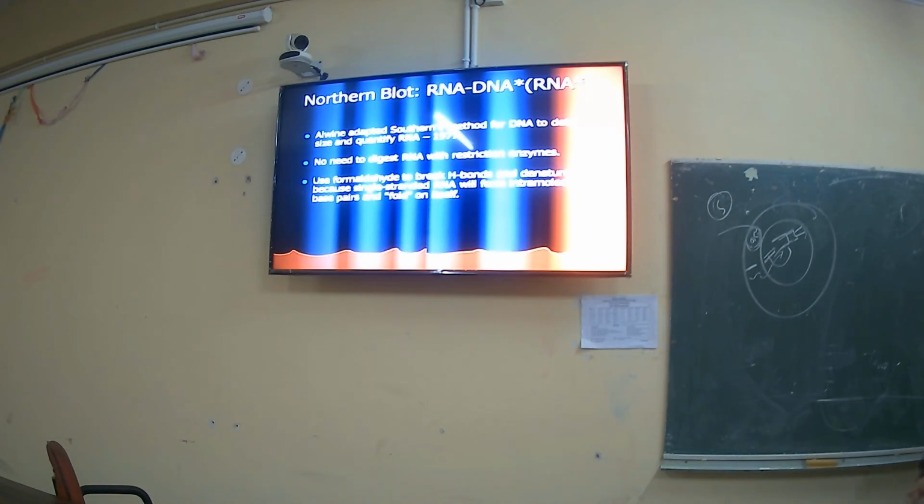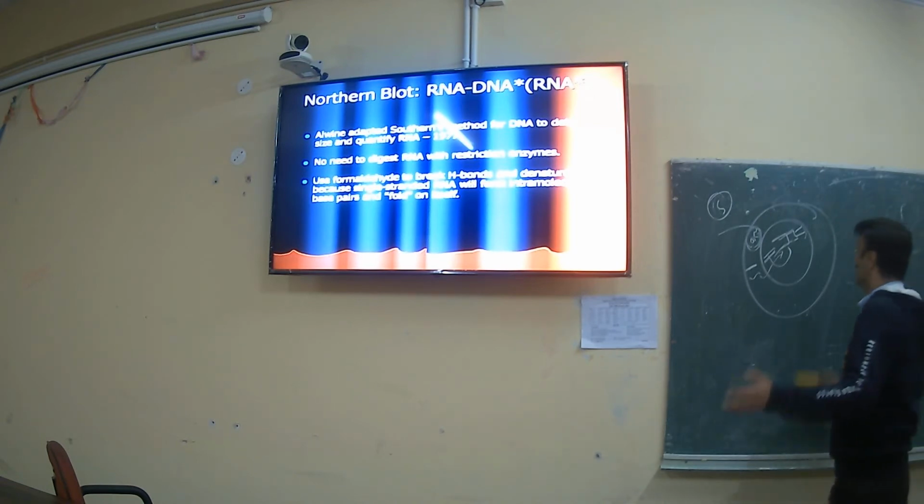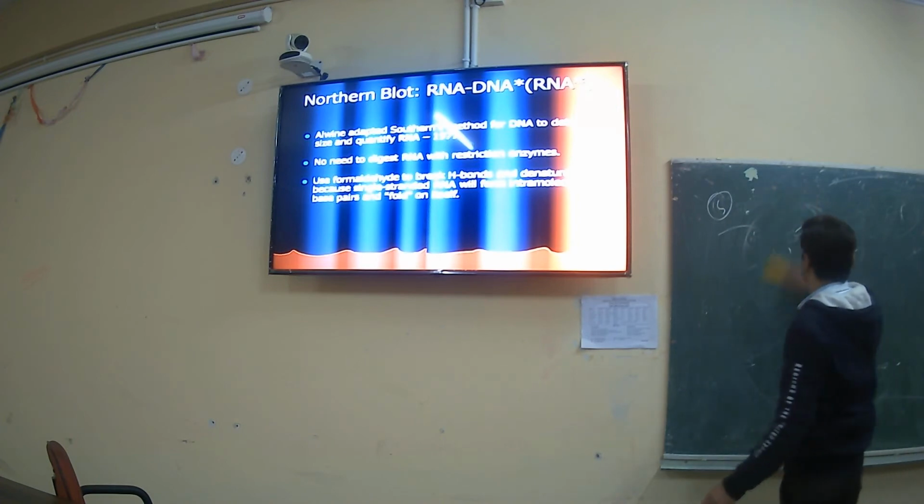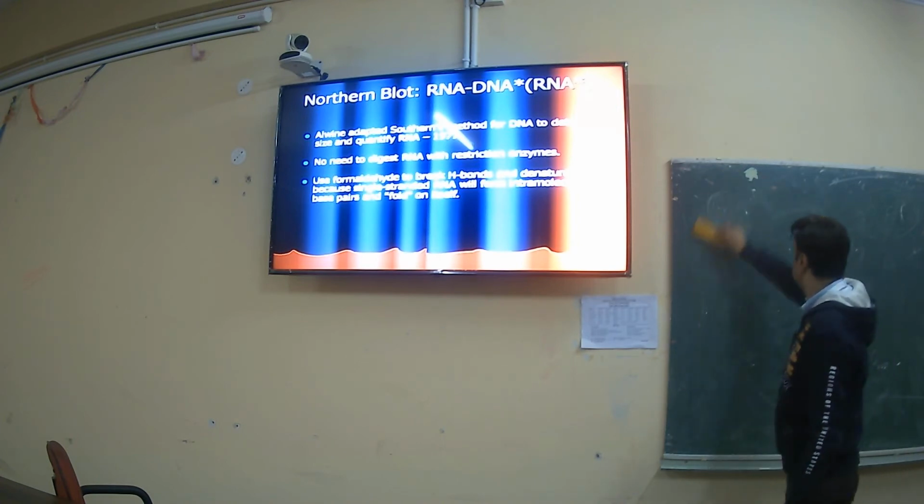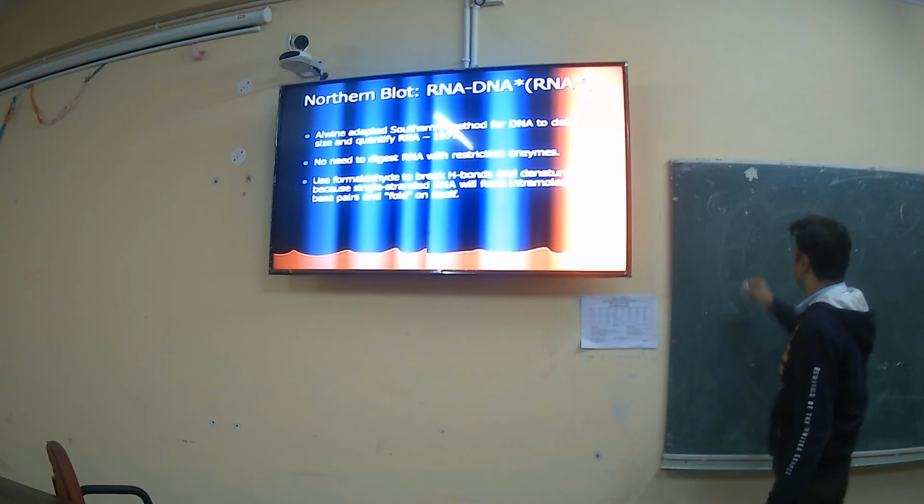In Southern blot, there is digestion with the restriction enzyme, but in Northern blot there is no need for digestion with the restriction enzyme, because if you kept RNA in a native state, RNA has a tendency to make secondary structure.